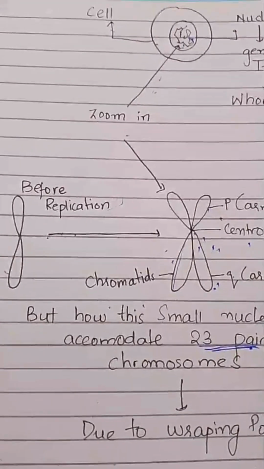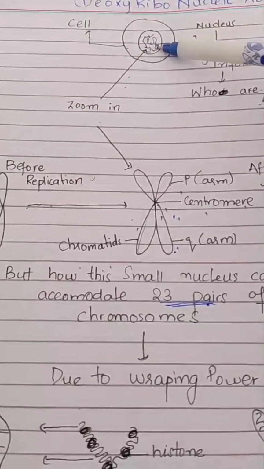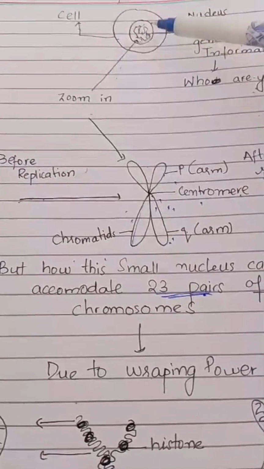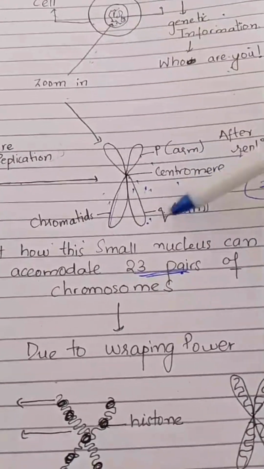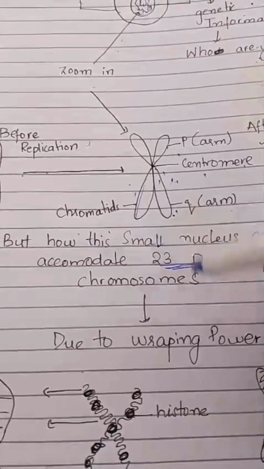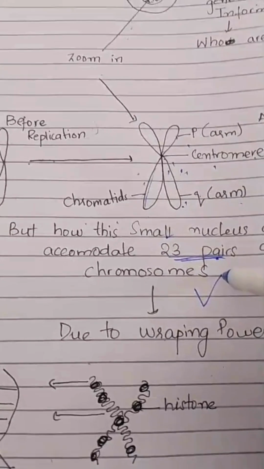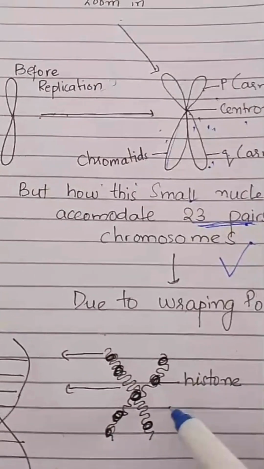But how is it possible that this very small nucleus can accommodate these 23 pairs of chromosomes? This is all due to the wrapping power, meaning how DNA wraps itself around the histone protein.